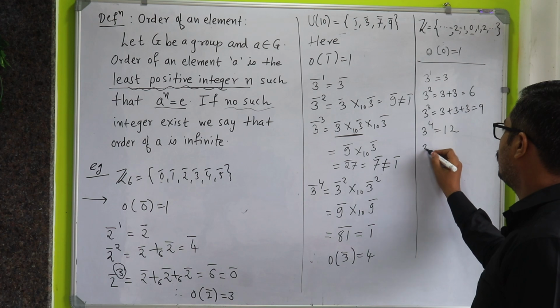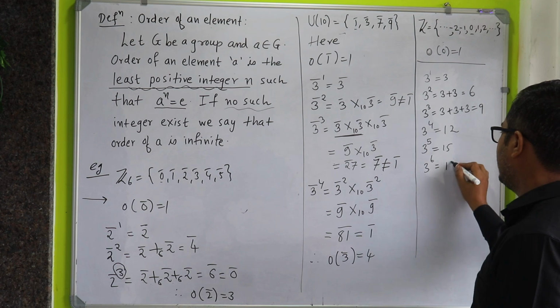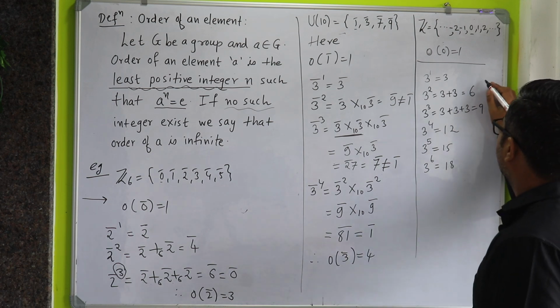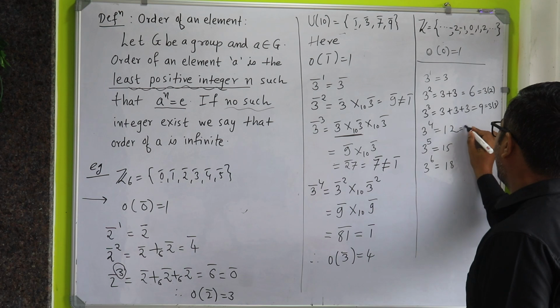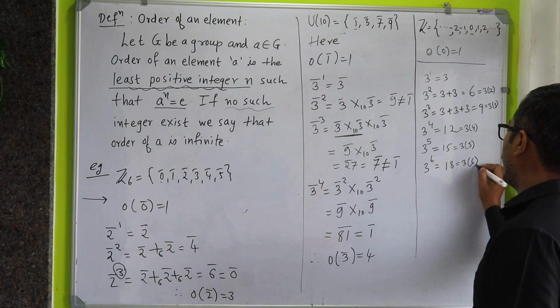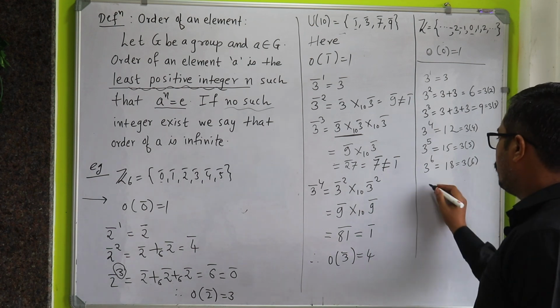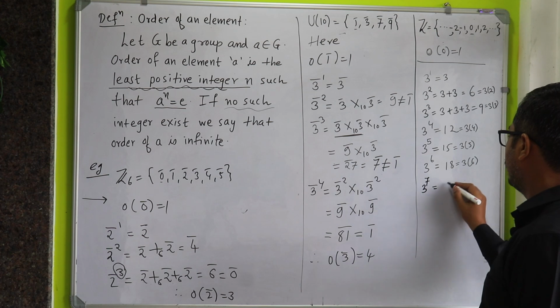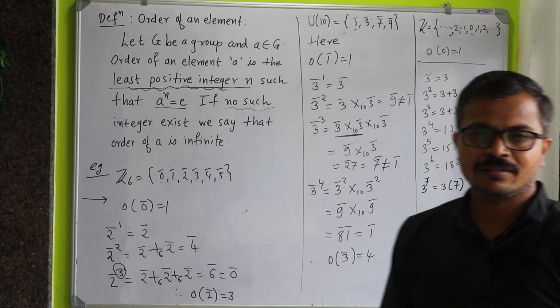By doing similar calculations, 3 raised to 5 will be 15, 3 raised to 6 will be 18, and if you observe properly, this 6 is actually 3 multiplied by 2, this 9 is 3 multiplied by 3, 12 is 3 multiplied by 4, 15 is 3 multiplied by 5, this 18 is 3 multiplied by 6. And if you observe the pattern, whatever power of 3 we take, we will get a multiple of 3.